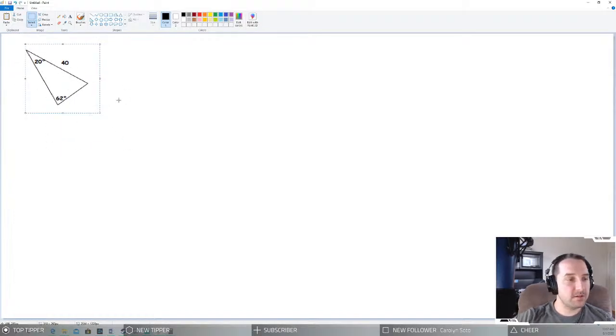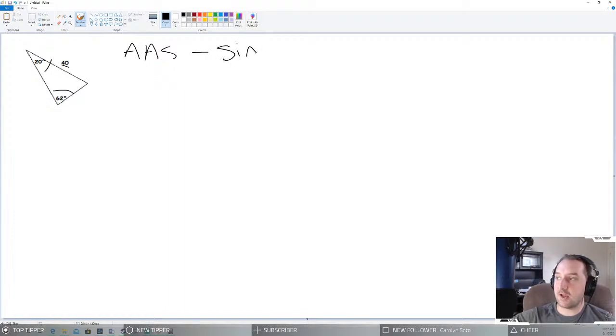So this one is going to be the law of sines or law of cosines. And so the given information, I have angle, angle, side. So angle, angle, side is going to be the law of sines. To find these missing values, I'll just label this triangle A, B, and C. I don't know what side C is.